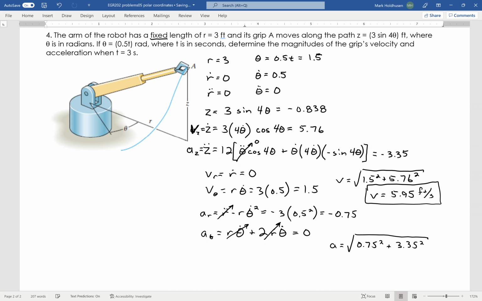So we just take each of those, square root of the sum of the squares, and I get the acceleration equal to 3.44 feet per second squared, as shown there. So again, just find all those dots, r dot, theta double dot, so on and so forth. Use those to find your acceleration in each direction, and then square root of the sum of the squares to find the magnitude.